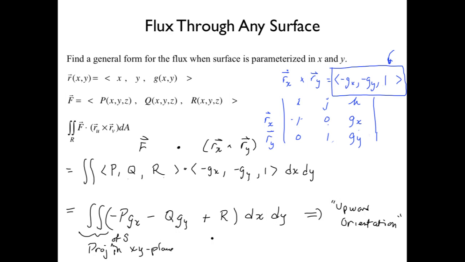If the surface wasn't z equals a function of x and y, but like y is equal to a function of x and z? Yep. You could derive a formula very similar to this if y was a function of x and z, and then a different one if x was a function of y and z.